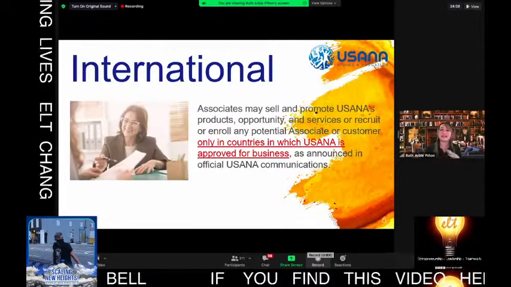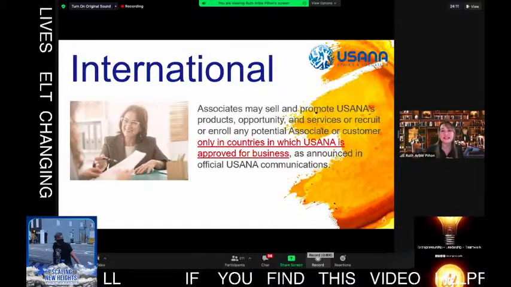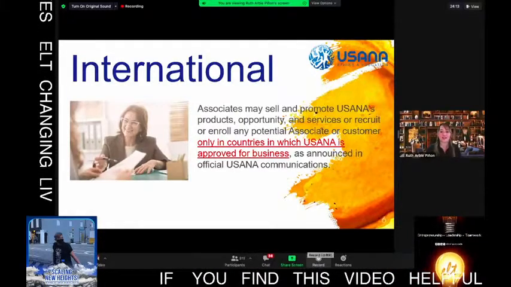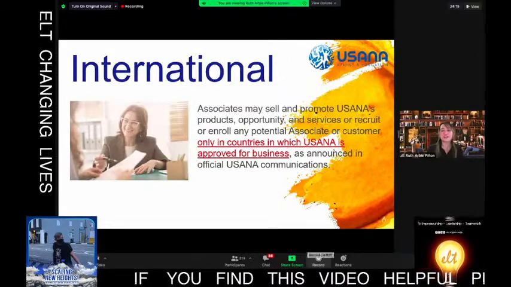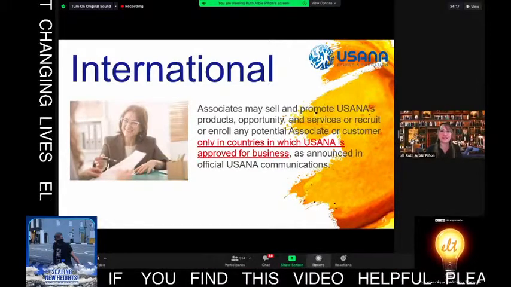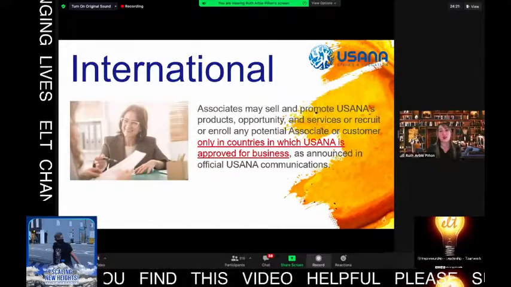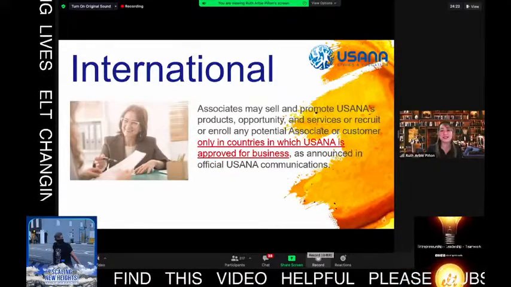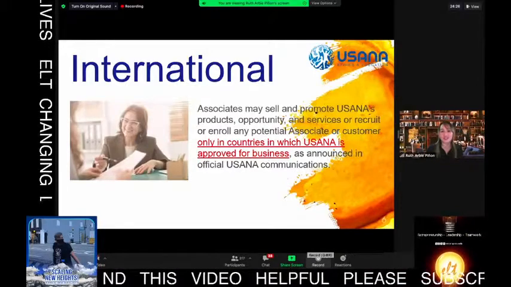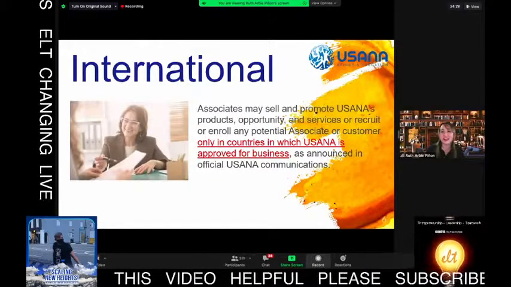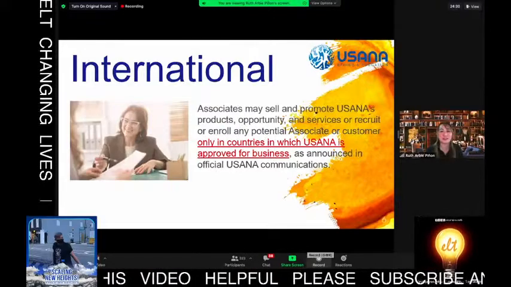Kasi matatawag po sila ng FDA natin as unregistered products. Okay? And in addition, please do not create Facebook pages like USANA Qatar, USANA Kuwait, USANA UAE, as you are not only violating the international policy, you are also violating the trademark infringement of USANA.